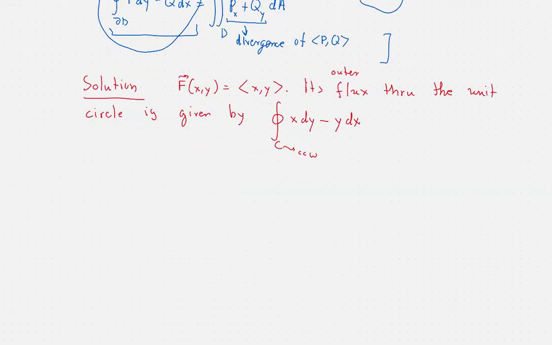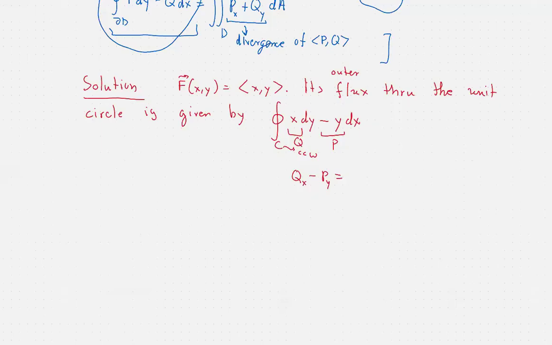That now my P is this, my Q is this, and I have to compute Q sub x minus P sub y, which is 1 minus -1, which is equal simply to 2.